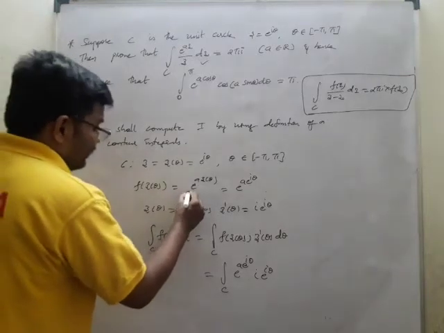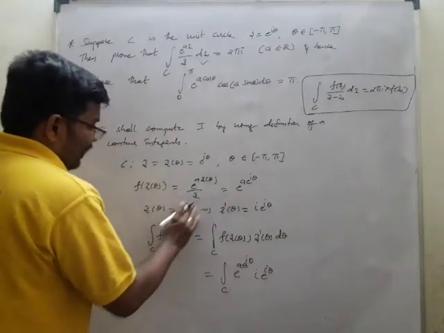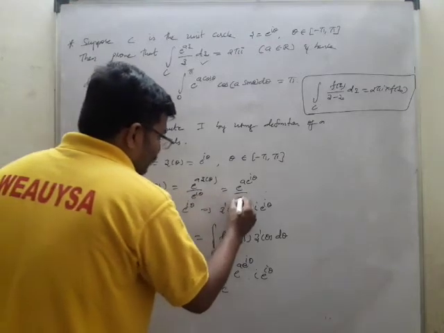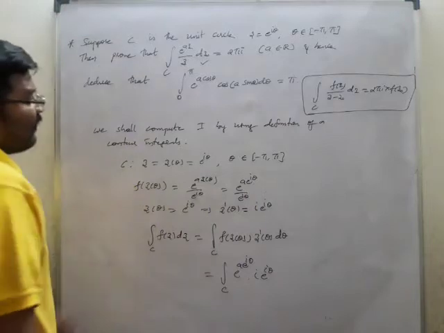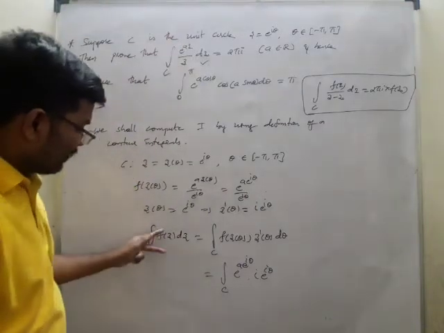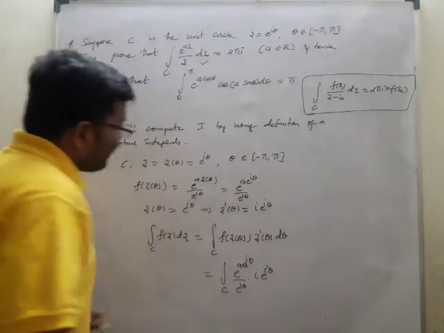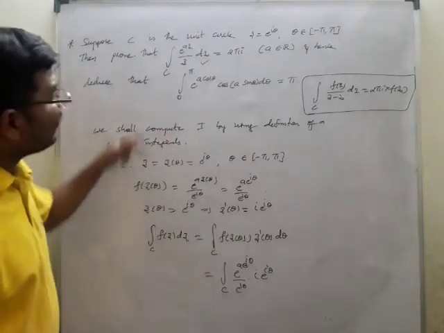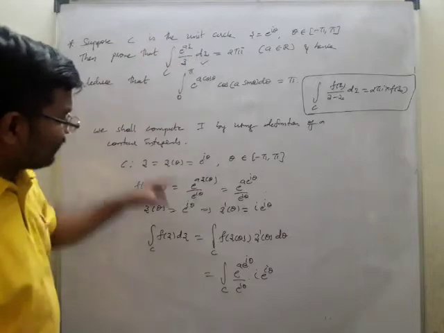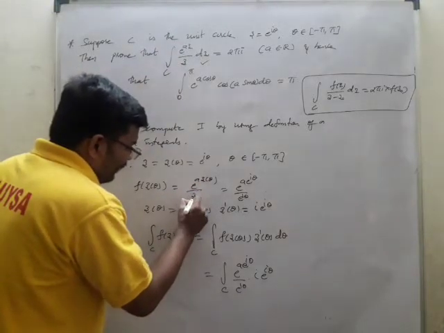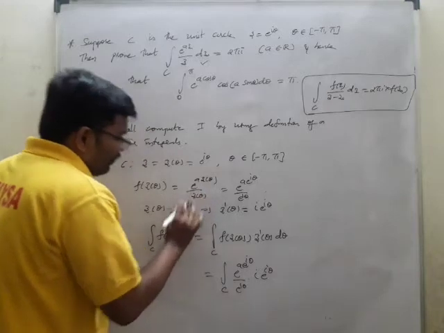This is f(z(theta)), which is also divided by z, meaning you get e^(i theta) here. So f(z) is this entire thing: f(z(theta)) is e^(az) divided by z, with z(theta) being e^(i theta).